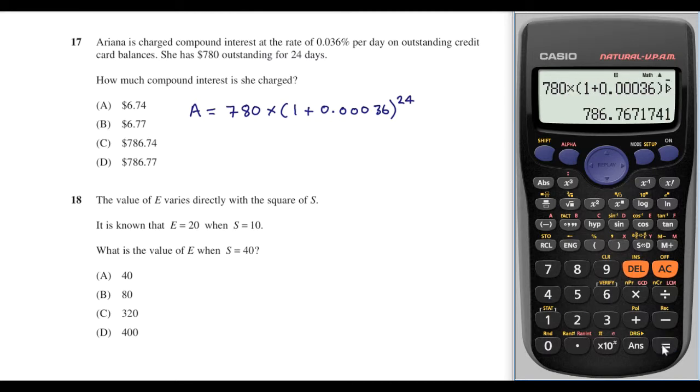This means that the amount owing is $786.76, so her interest is the amount by which this exceeds the original value of $780.